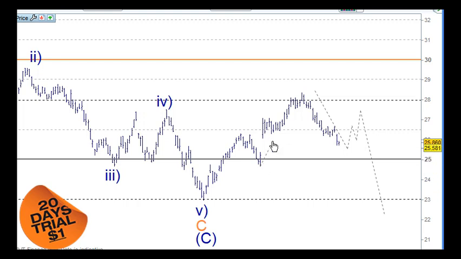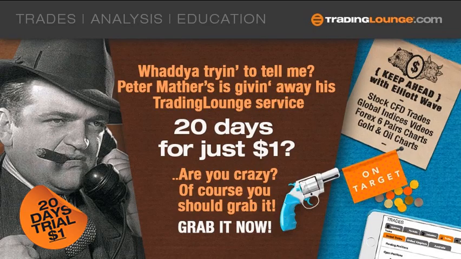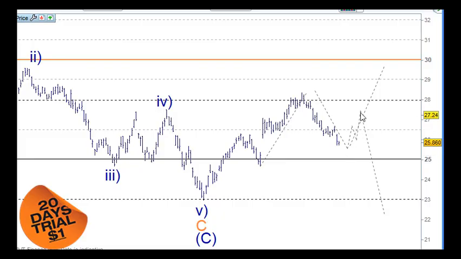This move up through here hasn't really counted very well. We could look at this as an A wave here, a B wave up to here, and a C wave here as well, so that from this point we could also see the market move higher. That's why we need to see the 5 waves on all the banks, and then a corrective move up here, and then we can look to short those banks again on this side over here.